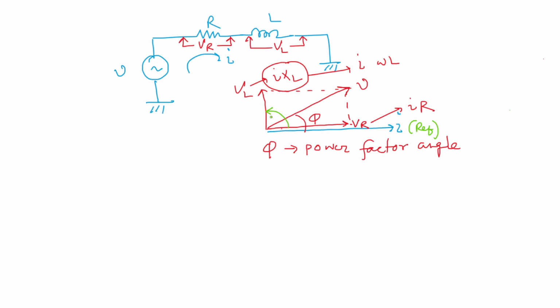So it is a J rotation by an angle of 90 degrees, represented by J. That is why a J comes in the expression J omega L.